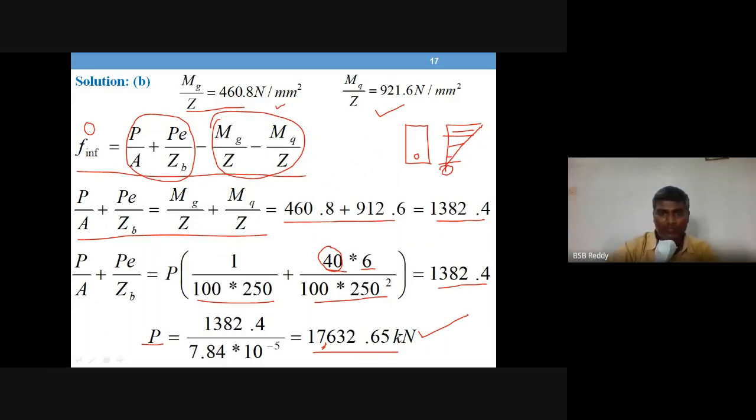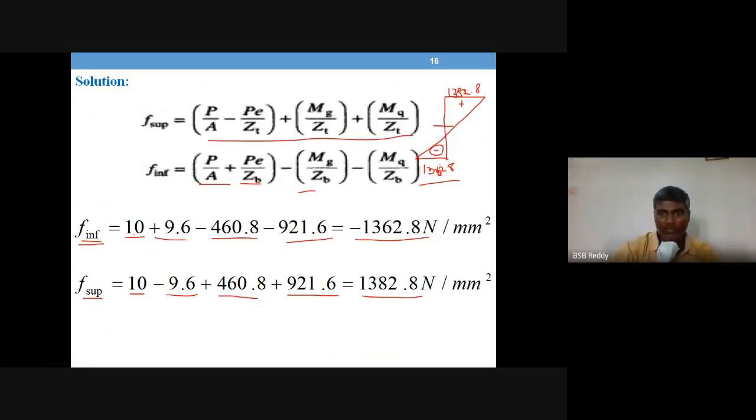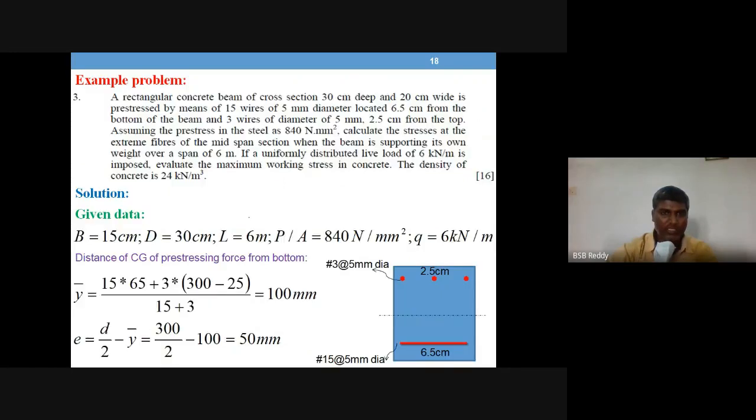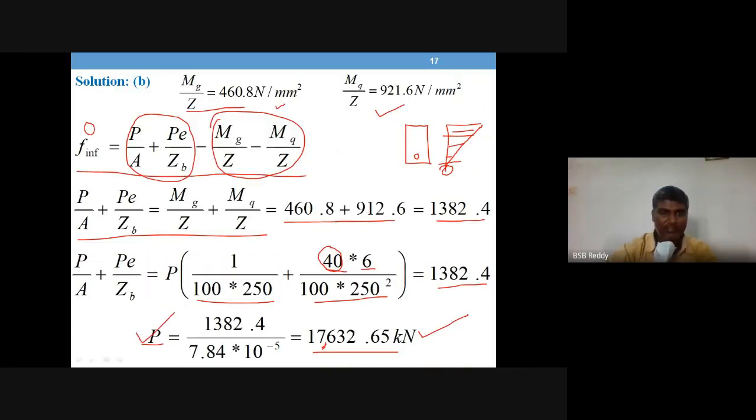Okay, if you just apply pre-stressing force of 250 kilonewton, this is the stress value. I mean, somewhere below the center, the tensile stresses will form like this. So if you want to avoid tensile stresses in the concrete, you have to increase pre-stressing force like this.